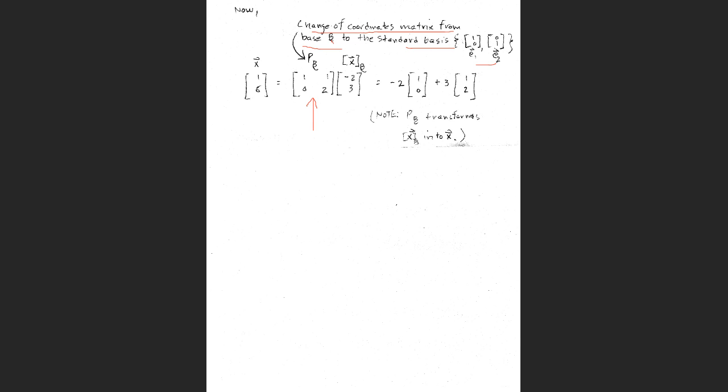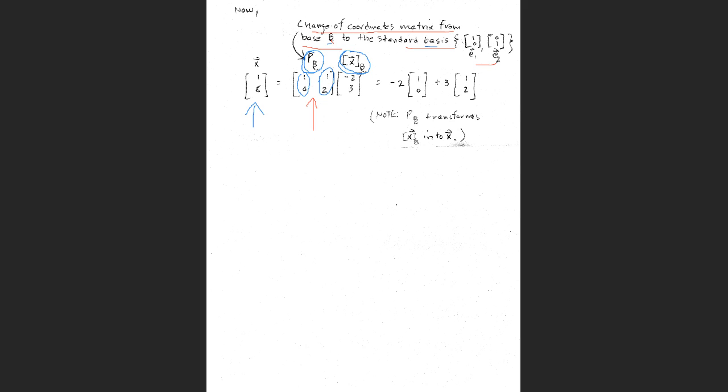If I take the coordinates of x relative to the basis script B, which consists of vectors 1, 0 and 1, 2, and multiply by the change of coordinates matrix from the basis B to the standard basis, which we denote by P subscript B, that's going to equal the vector 1, 6.